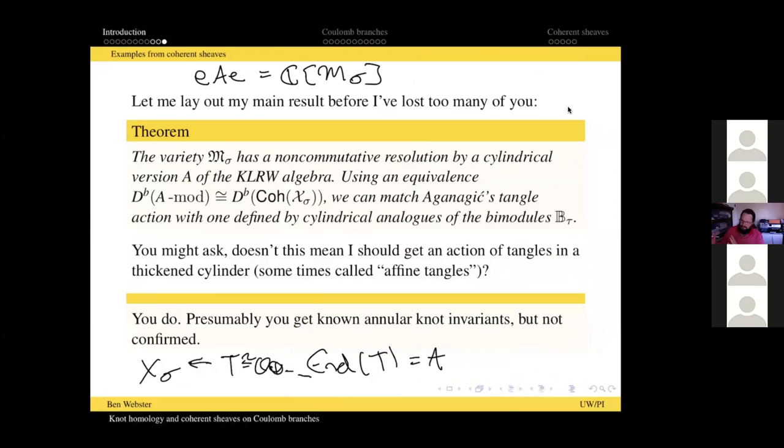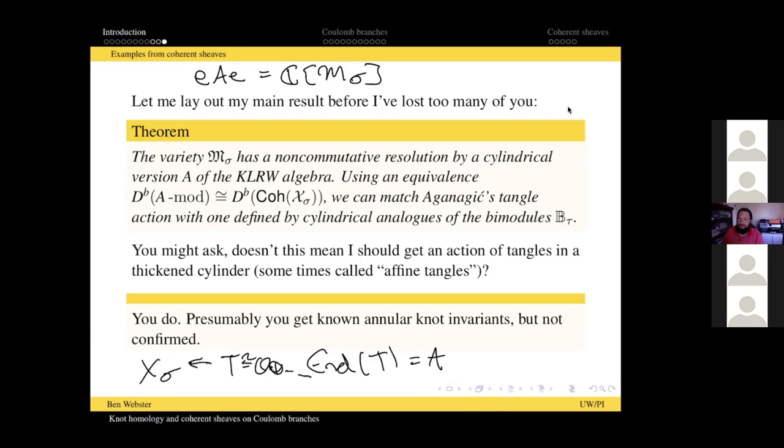And so we can define a purely algebraic construction that matches Aganagic's and is basically the cylindrical version of this story I was doing before. And of course, you might ask, especially if you're Irina, doesn't that mean that you should actually get tangles not just in a plane, but tangles on your cylinder, so your tangle could wrap around the cylinder?